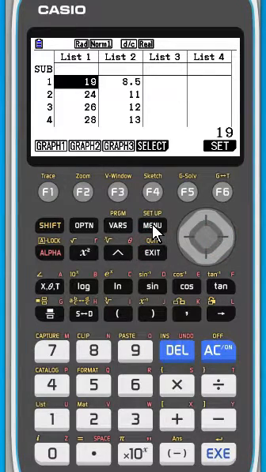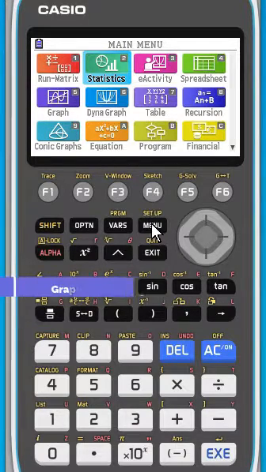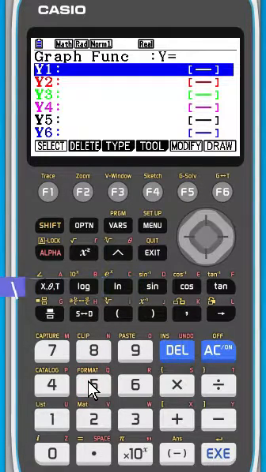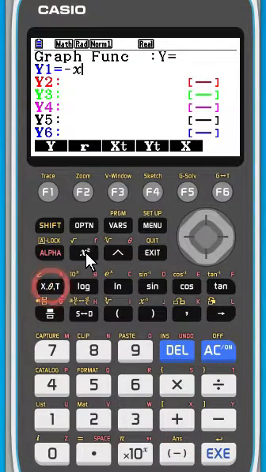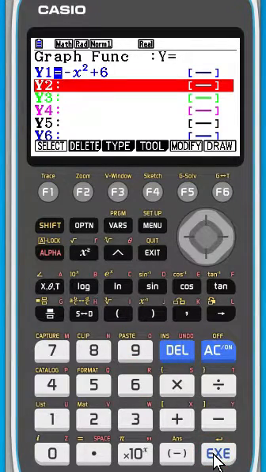Okay, so let's quickly go back to menu now. I'll also explain graph. So how do we plot a graph? Number 5 to go into graph, and let's plot a very basic graph. Let's plot negative x squared plus 6. All right. So you just have to type in your function here, hit execute, and then you can see Draw written here.